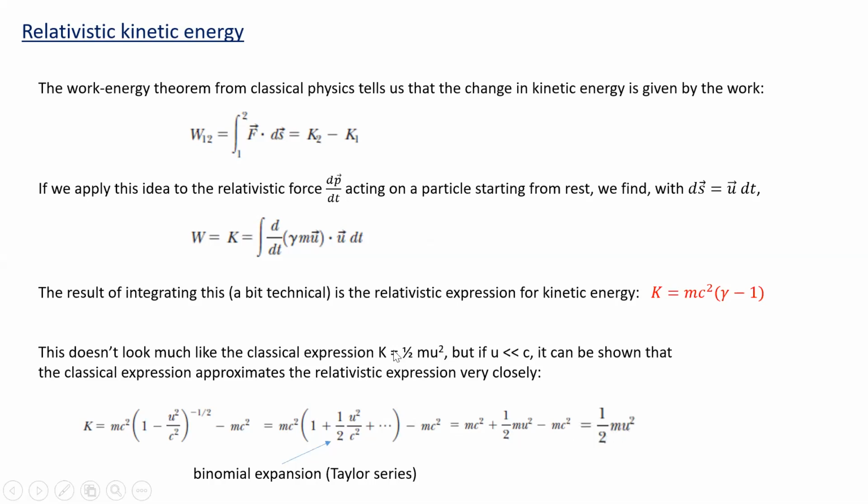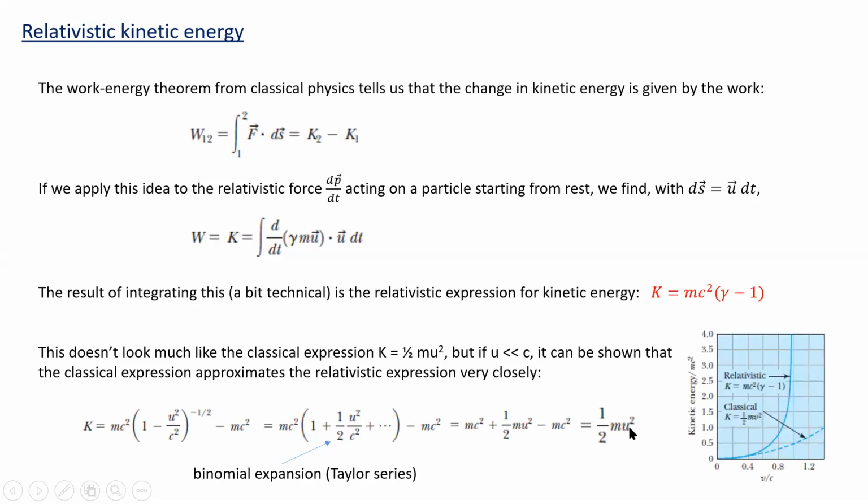is the classical result. So as long as u is much, much less than the speed of light, this new expression for the kinetic energy will match up with our classical expression for the kinetic energy. And again, here's a graph showing for u over c, in order to achieve kinetic energies above a certain level, we have to go to velocities greater than c, which is not physical.